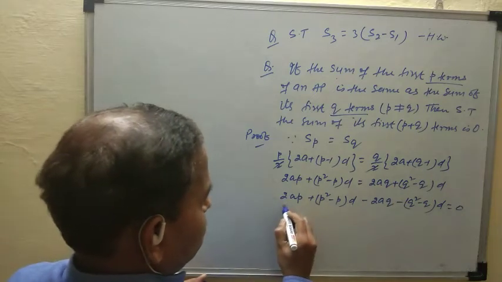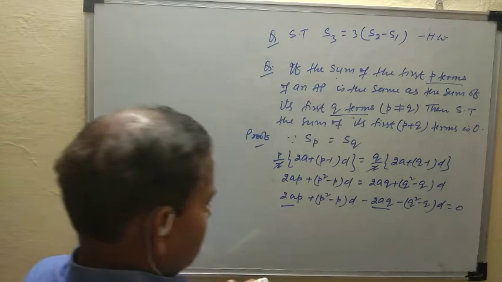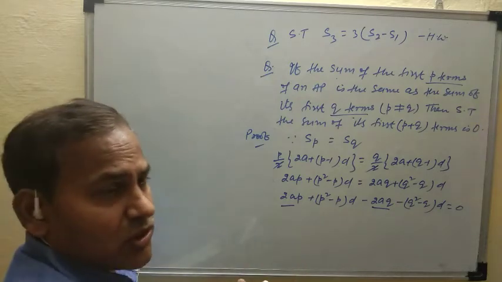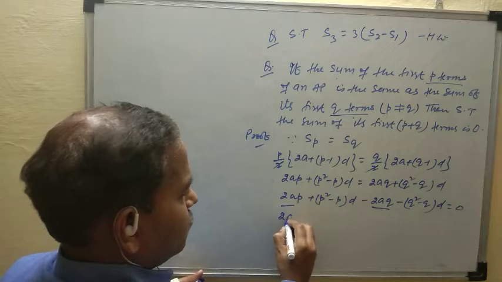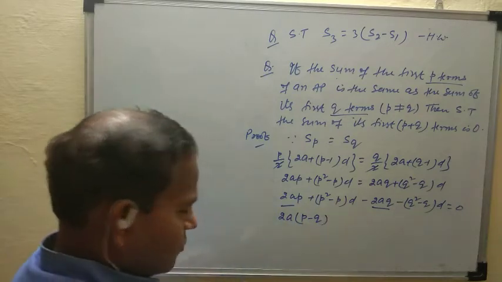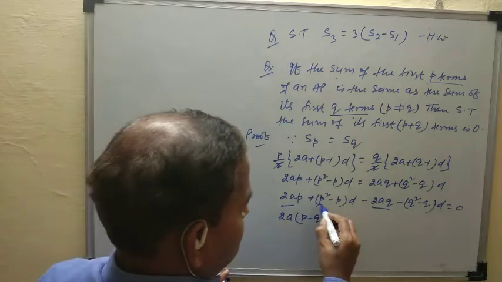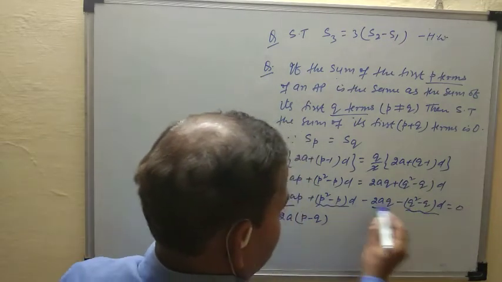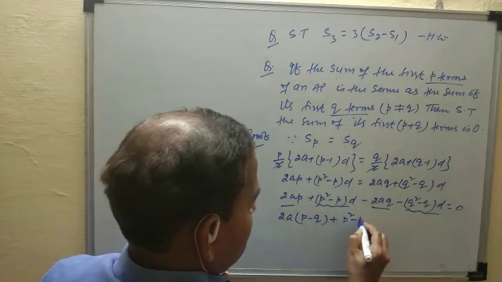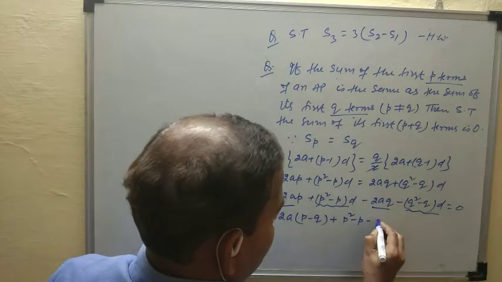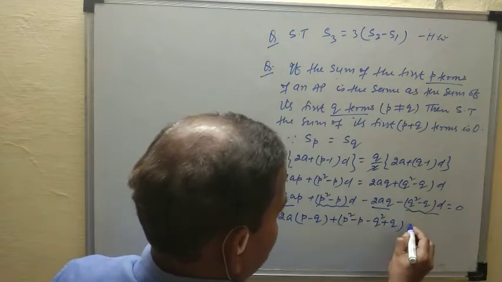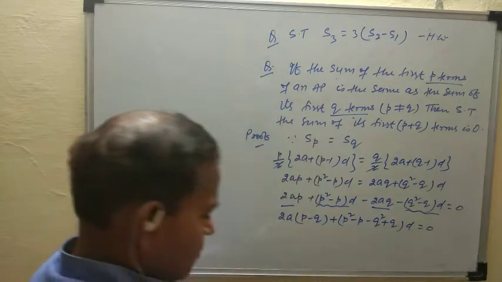Now in 2ap and 2aq, 2a is common, so taking 2a common, the remaining term is p minus q. From the other two terms, d is common, so taking d common, the terms are p square minus p and minus q square plus q, into d is equal to 0.